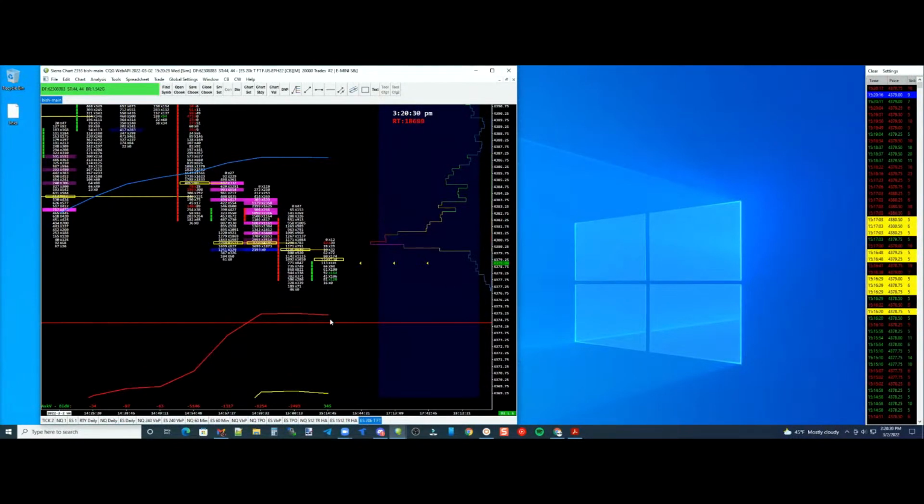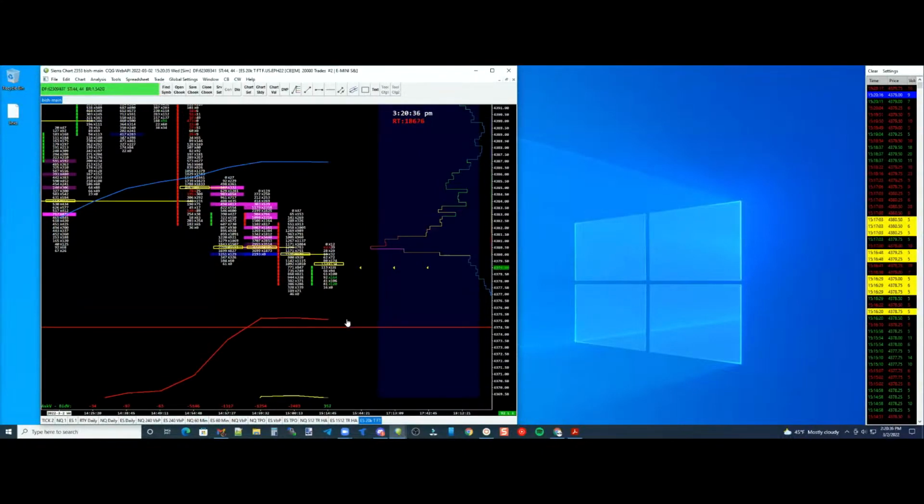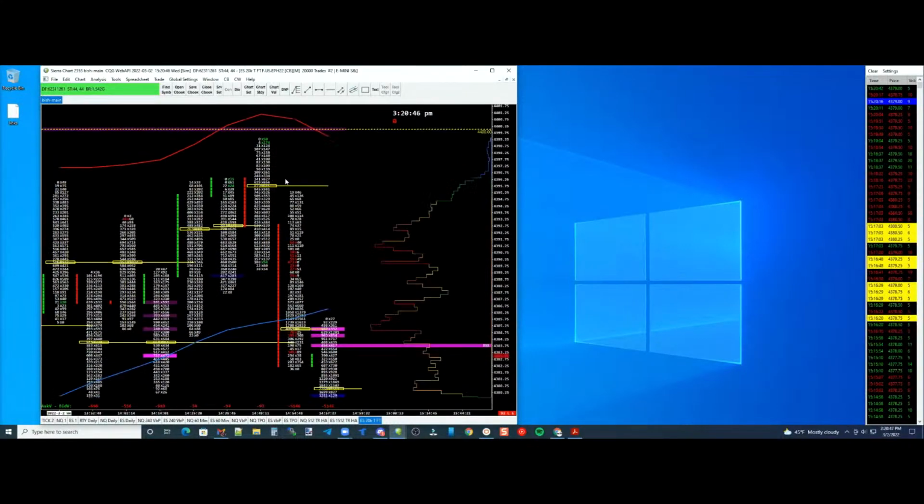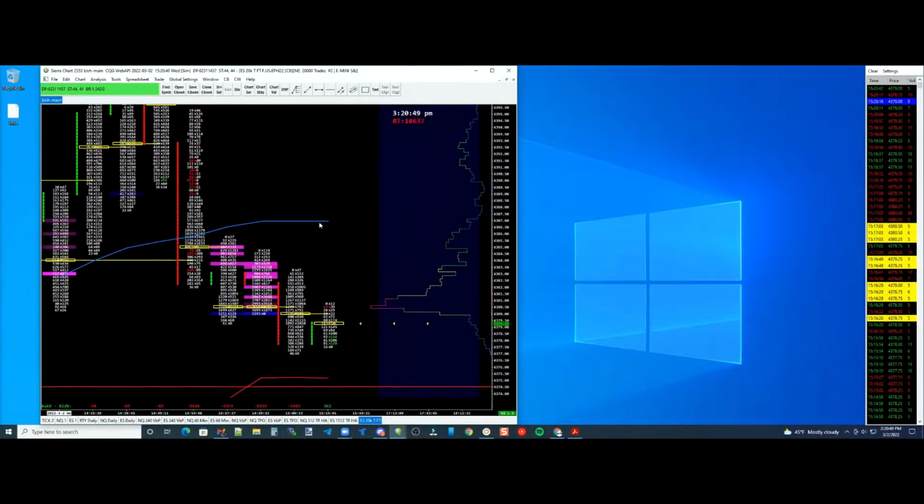If I get down here and start seeing yellow on the tape, then I know shorts are covering into this level. If I am pushing the high of the day and I see blue on the tape, I know longs are covering into the high of the day. That is absolutely critical to know. And if you set your tape up similar to the way I have mine, you will be a better person for it.